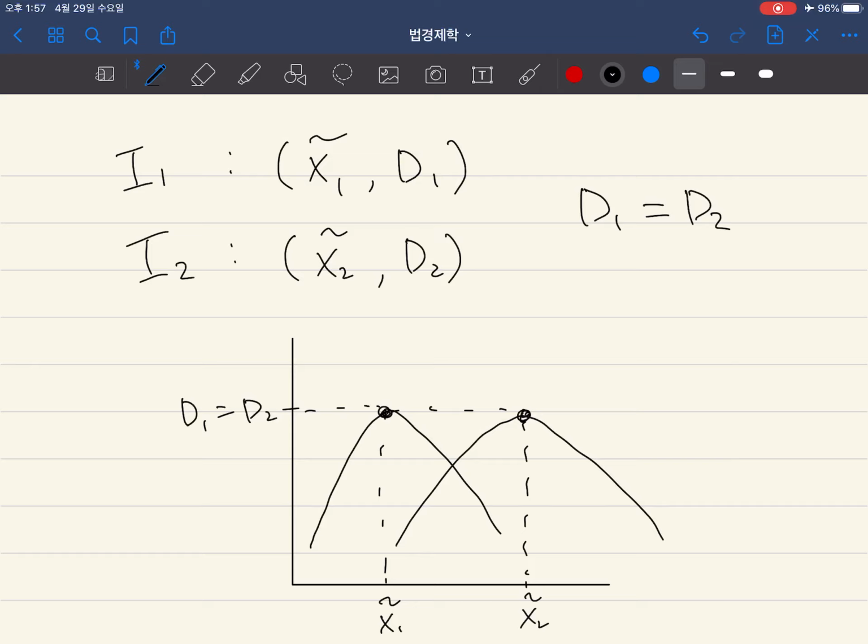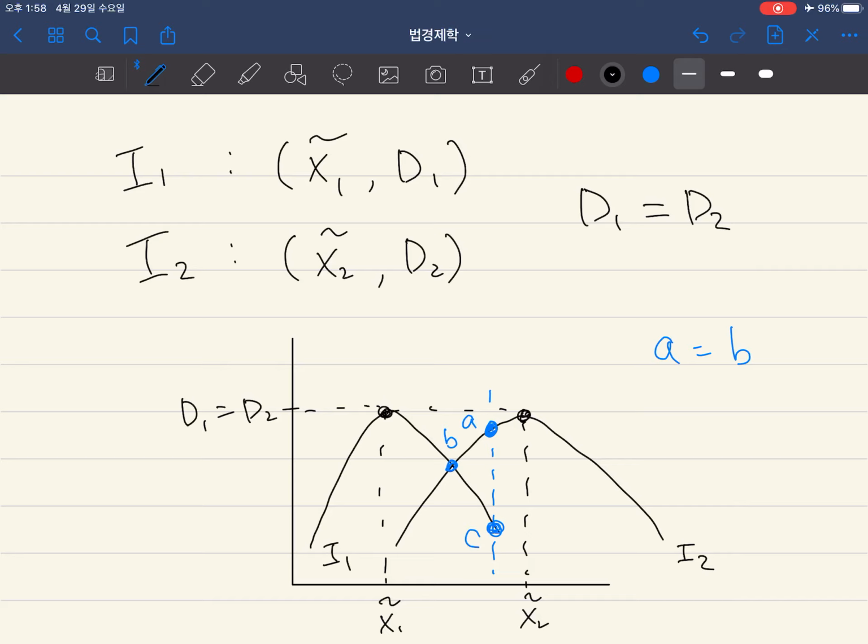Then if you look at this graph, it's wrong. Why? Look at blue point A and blue point B, and look at blue point C. This is I1, this is I2.